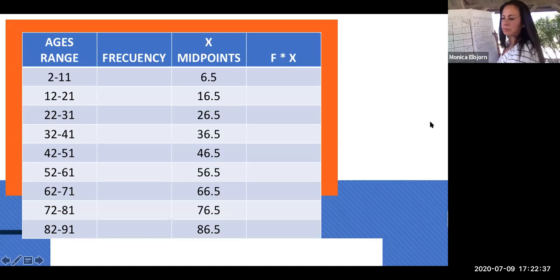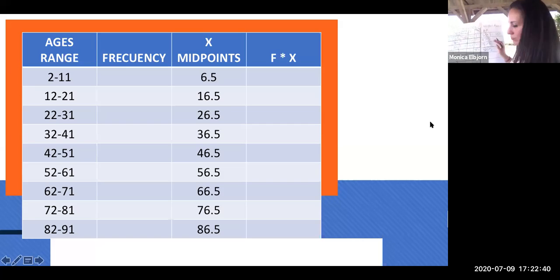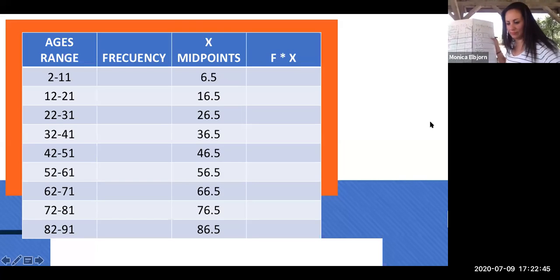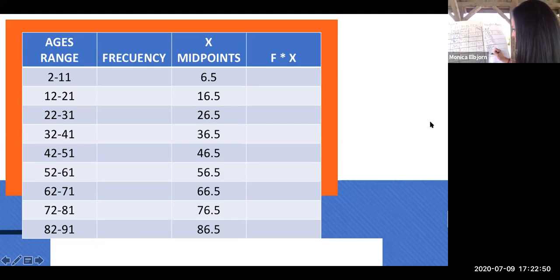My next one, 46.5 times 2, 56.5 times 4, 66.5 times 3, and then 76.5 times 3, 86.5 times 1.